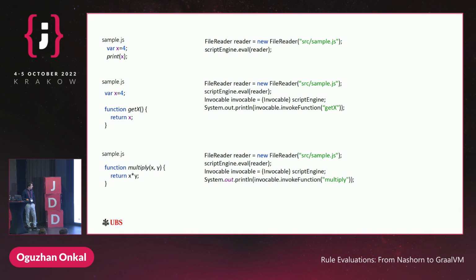There is also another example here, but this time, if you notice, the method has arguments. On the right side, we invoke the function, but we didn't give anything for the multiply.